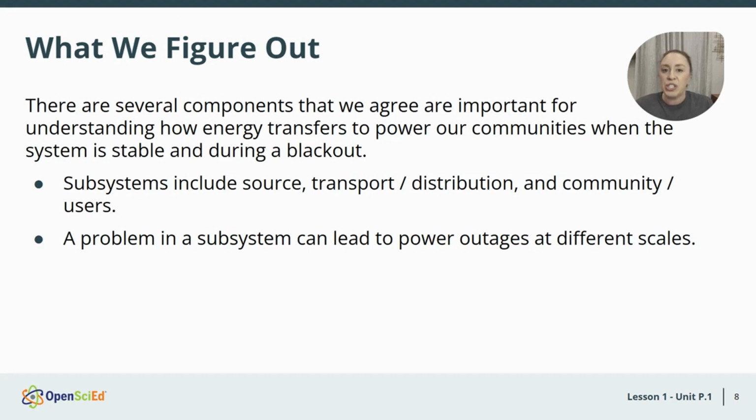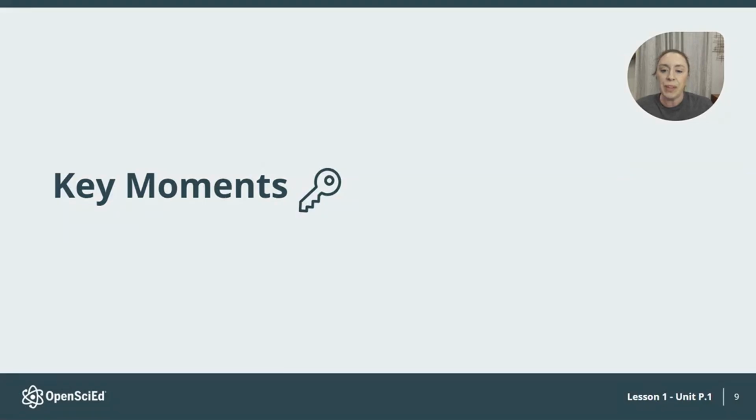We think that there's a source, there's something that would transport or distribute energy from that source to a third subsystem of our community members or our users. And if there's a problem in any of these subsystem areas, this could be how we get a power outage. So let's look at these key moments that I highlighted a little bit more carefully.